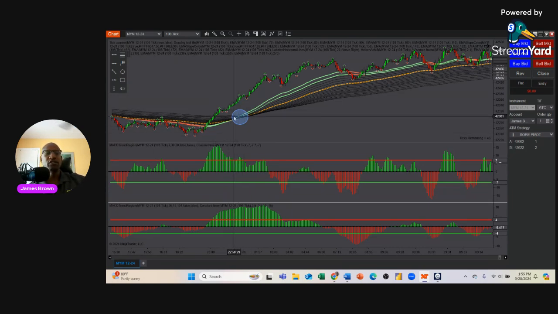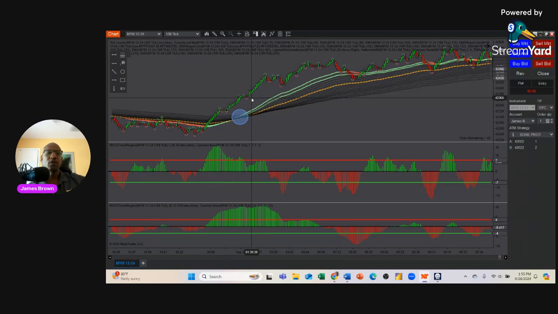So once the 50 crosses up, then we want to wait. We just want to sit on our hands and keep in mind this 108 tick chart is a 2-minute time frame in a time-based chart. So there's no need to rush, no need to feel like you're missing something.